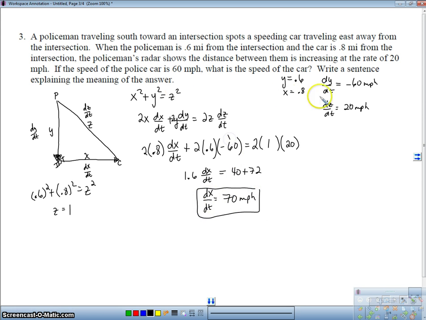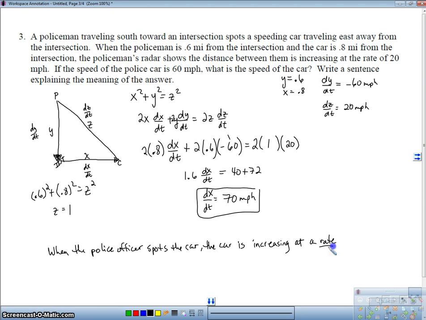That's not good enough because I really want to write my sentence in context. So I'm going to write this down here. When the police officer spots the car, the car is increasing at a rate of 70 miles per hour.